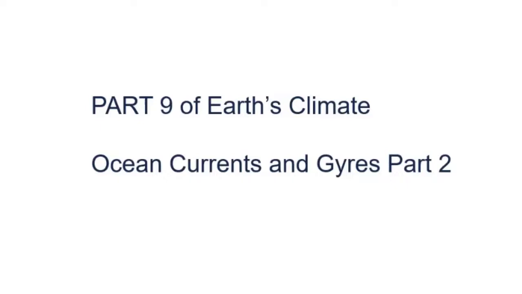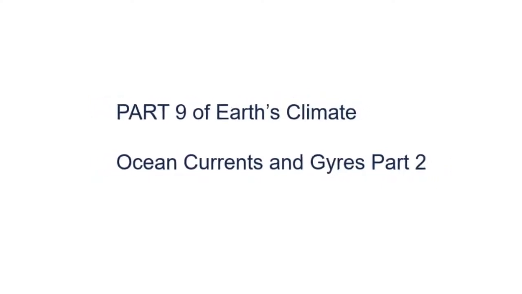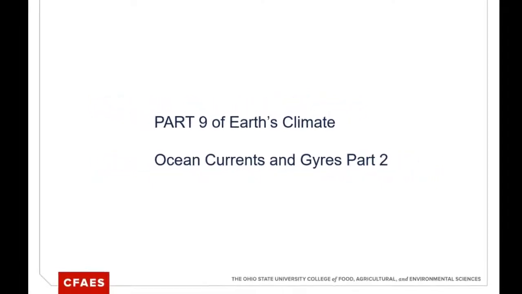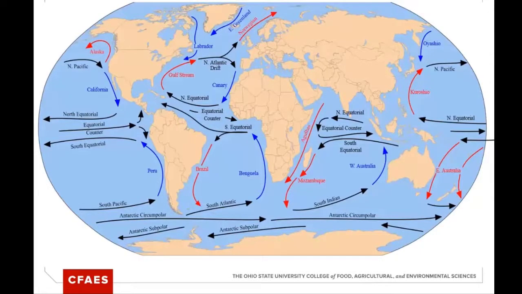But because climate change is such an important issue, we've stuck with Earth's climate, and then we've got all these side issues, like in this case, ocean currents and gyres. We started that last time, and it's a complicated issue. We couldn't finish that program, and so now we're already into part 2. And here was a map we used.